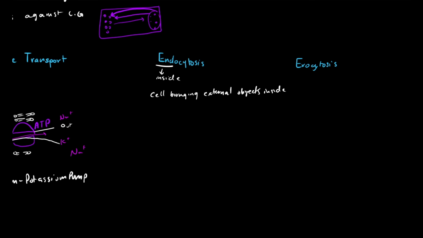There are two main types of endocytosis. We have phagocytosis and we have pinocytosis. The main difference between these two is just that phagocytosis usually involves the uptake of solid objects, and pinocytosis is more of liquid objects like water or other liquids.